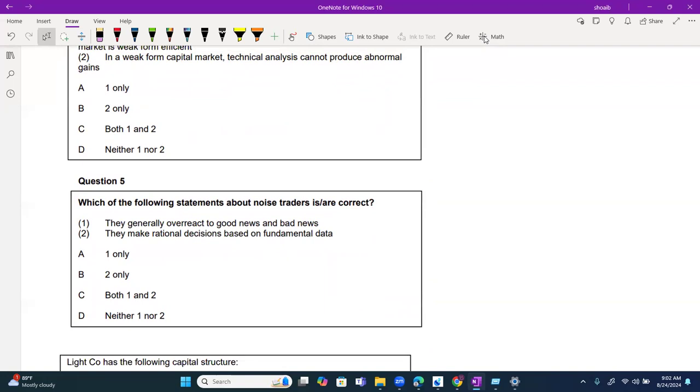In semi-strong market, the new information will immediately become part of the prices. Immediately. In strong form market, it is already part of the prices.